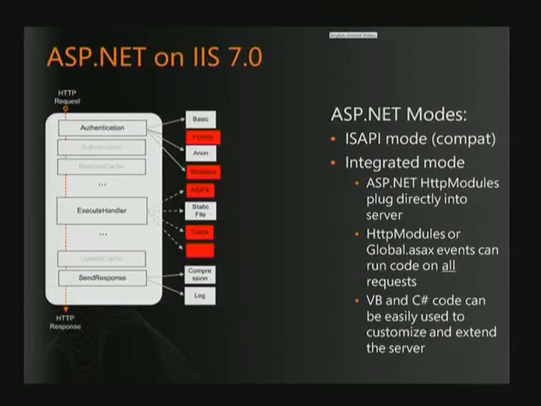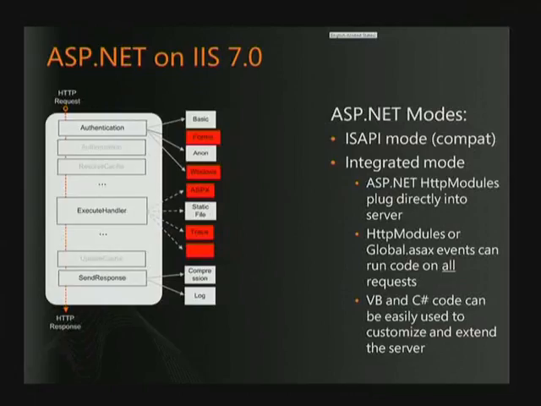Those modules not only can handle static file requests, but can also participate in any ASP.NET requests, which wasn't possible in the past because ASP.NET was in a separate ISAPI. Now it's integrated as the direct HTTP module, so any modules that you write can participate in all the requests happening on the server.